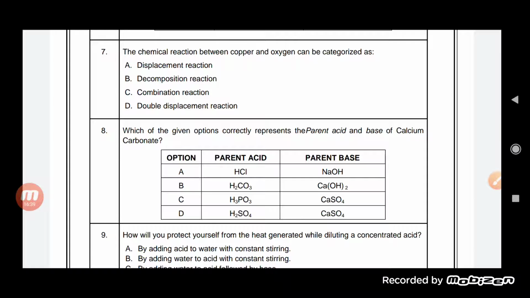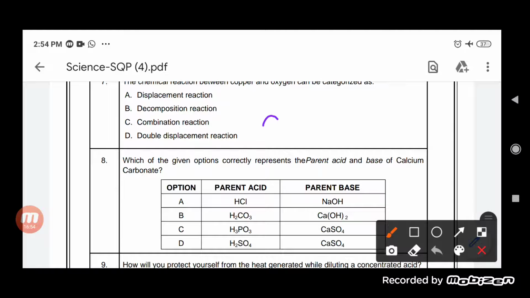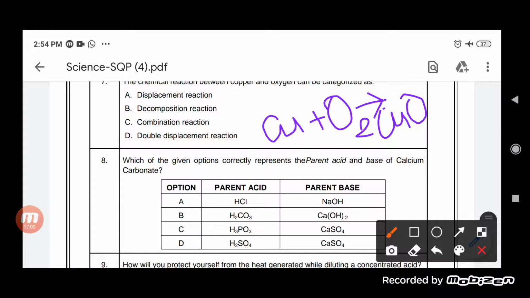The chemical reaction between copper and oxygen can be categorized as, see, when copper and oxygen combine together, let us see what kind of reaction will take place. So Cu plus O2, both of them combine together to form copper oxide, that is CuO.